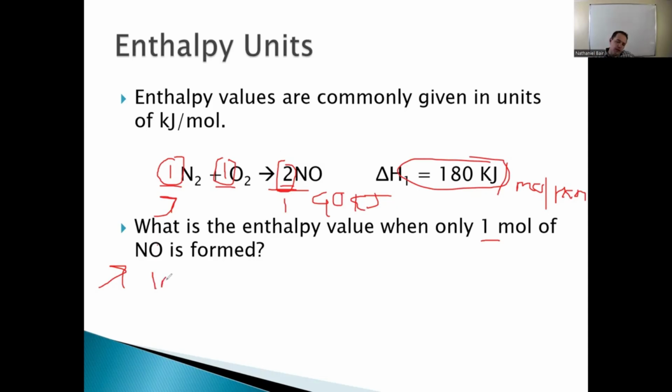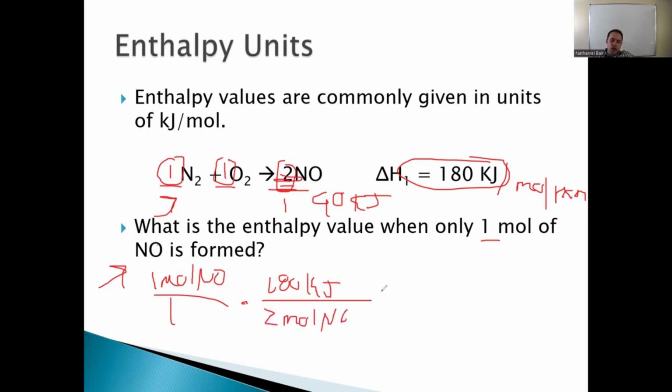You could do 1 mole of NO over 1, and then multiply this by the 180 kilojoules, but that would be per 2 moles of NO, because there's 2 moles of NO in the reaction, and you can see how we would get our 90 kilojoules of energy back out of this.